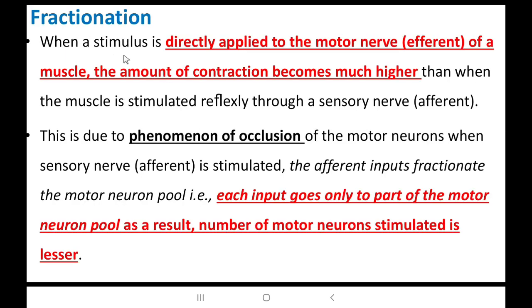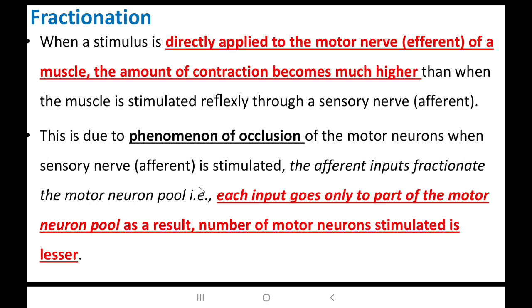Fractionation. When a stimulus is directly applied to the motor nerve, that is to the efferent of the muscle, the amount of contraction is much higher in comparison to when the muscle is stimulated through a sensory nerve. What is the reason? It is due to the phenomenon of occlusion of motor neurons.